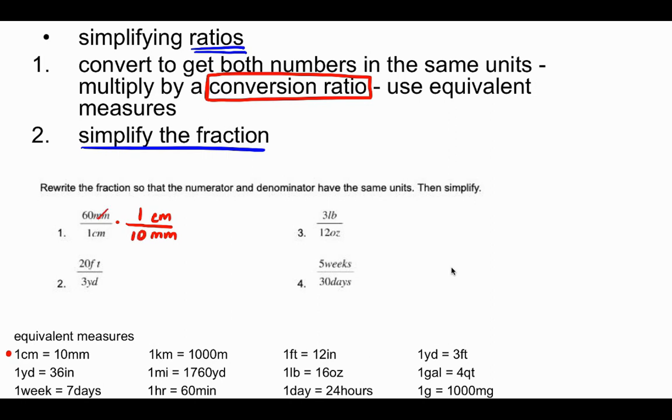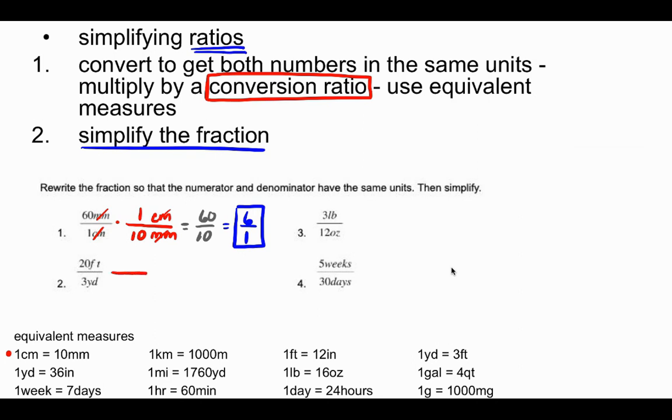When the units are in opposite parts of the ratios, when you multiply, they cancel each other out. So when we do our multiplication, 1 times 60 is 60, and 10 times 1 is 10. Then we simplify the fraction, and you do want to leave it in ratio form. So even though this would simplify to 6, we still write it in ratio form, which is 6 to 1.